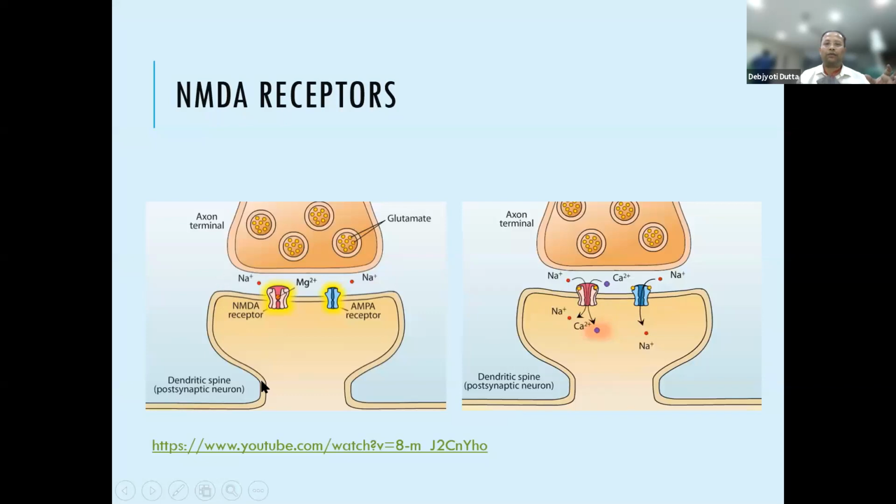So sodium and calcium cannot go. This is a different thing, magnesium. So sodium and calcium cannot enter if the NMDA receptor channel is blocked. Then if an NMDA antagonist blocks the NMDA receptor, these ions don't enter and the action potential does not proceed. So what are our NMDA antagonists? Ketamine is an NMDA antagonist.